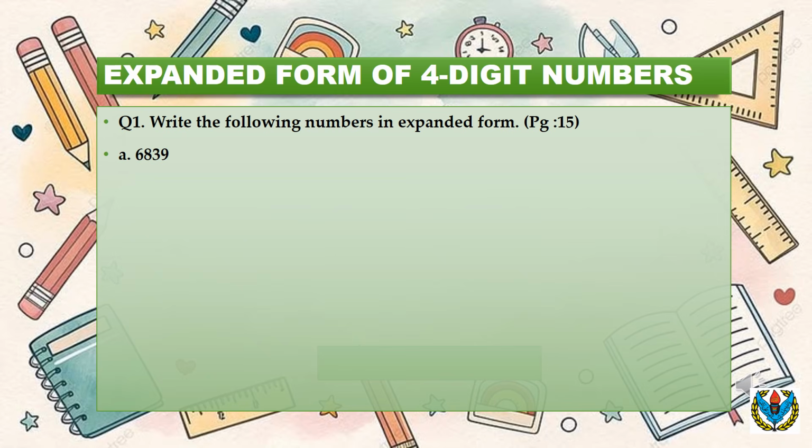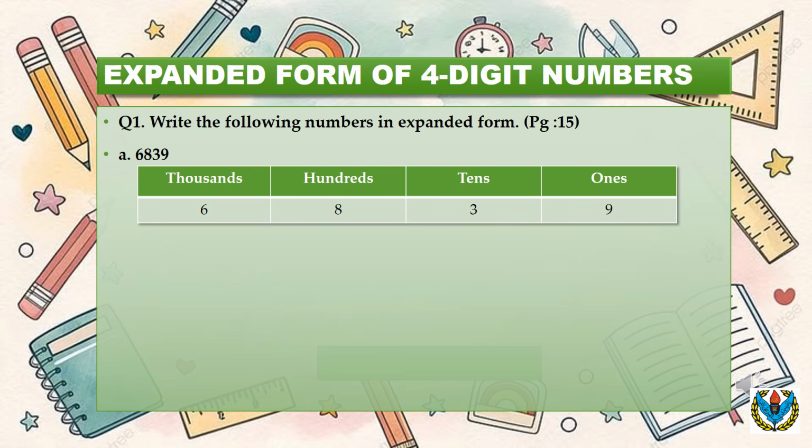So we will place each digit in its specific place value in the place value chart shown in this slide. Now look, 9 is in ones place. So we will place 9 in ones column. Then we will place 3 in tens column, 8 in hundreds column, and 6 in thousands column.